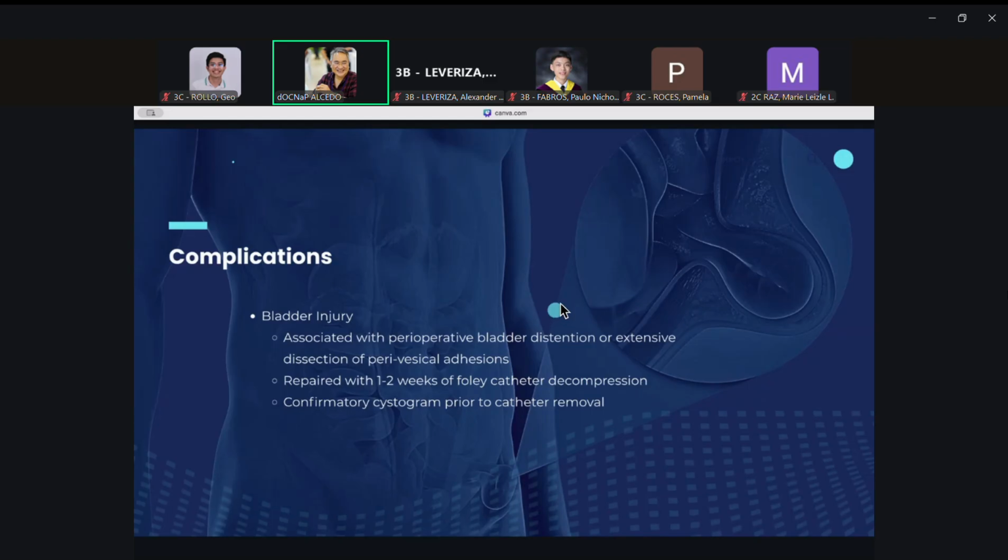So 1 to 2 weeks of indwelling catheter, you send the patient home with a catheter, and hopefully in 1 or 2 weeks that bladder is rested and can resume its decompression abilities. Some would even resort to a cystogram prior to catheter removal.